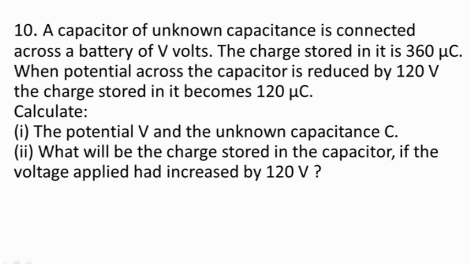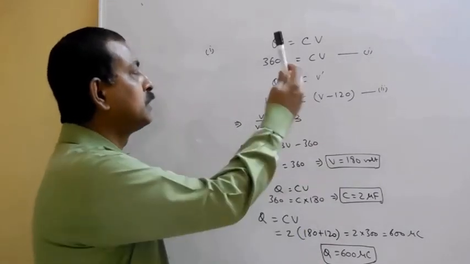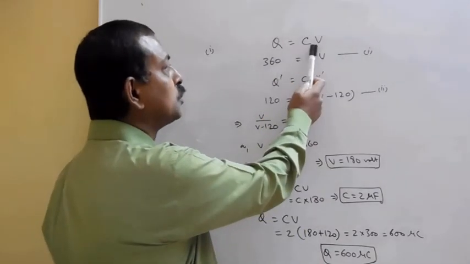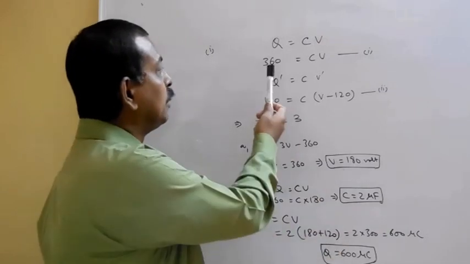Calculate the potential V and the unknown capacitance C. And second part, what will be the charge stored in the capacitor if the voltage applied is increased by 120 volt? For this question, let's start with the basic formula, Q equals CV.